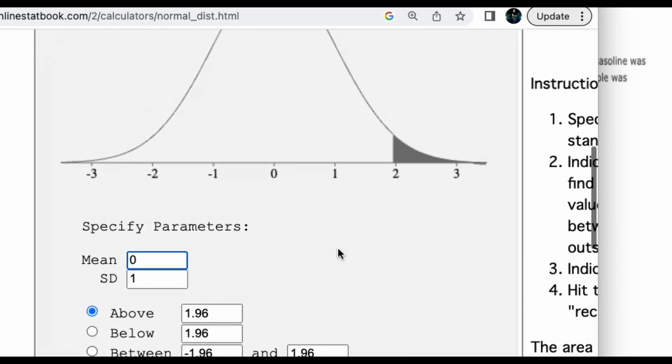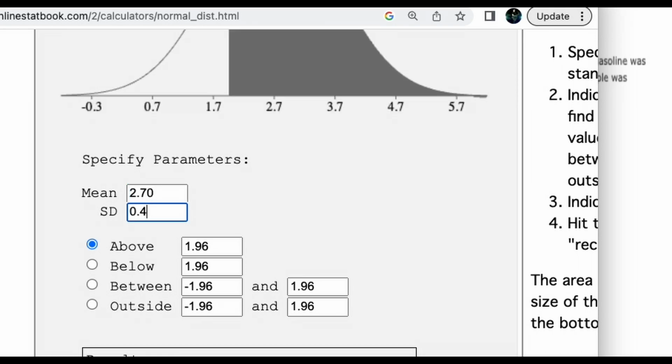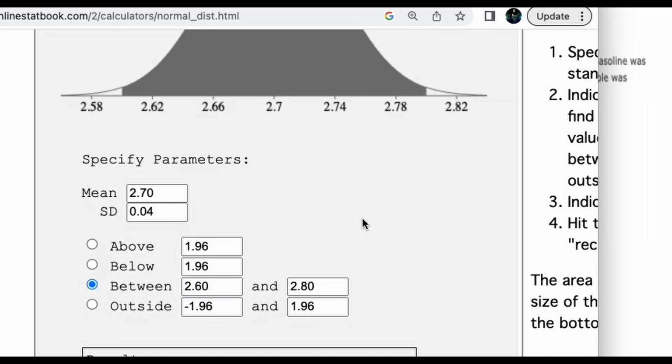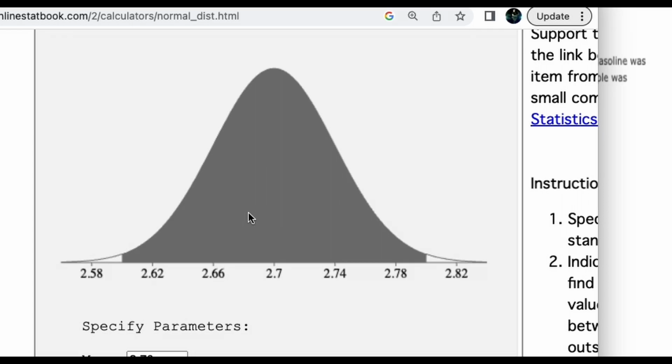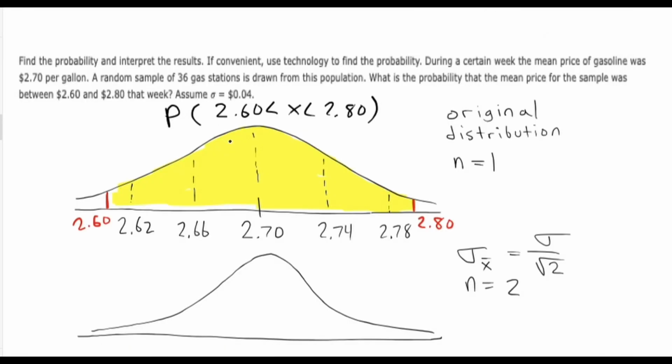You put in your mean of 270 and your standard deviation of 4 cents, and then say that you want to be between 260 and 280. It's almost all the curve. Almost all the stations will be between those values. 98.76% of the time, the station will be between those values. So that's for one station.